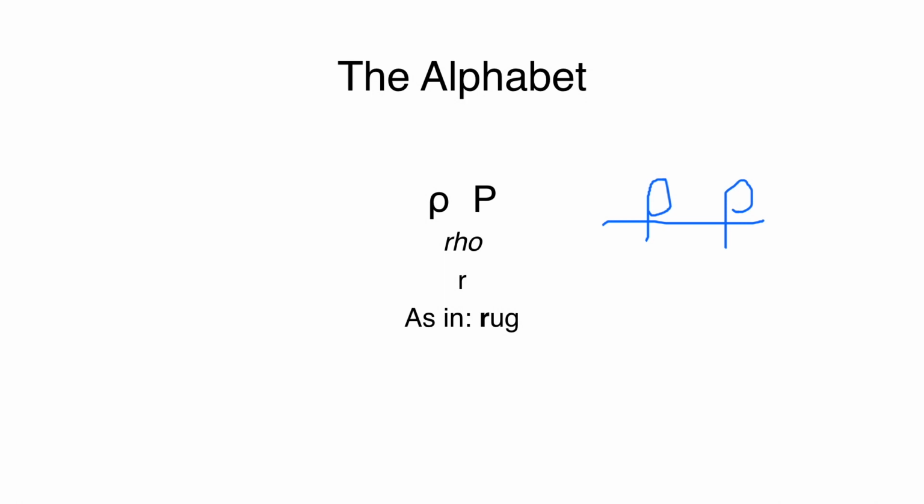Now, even though it looks like P, it is not a P sound. It is an R sound with a slight guttural R. Now, the uppercase letter rho is actually like our uppercase letter P, so this can be confusing. Looks like P, but it actually sounds like R, as in rug, R, rug, R.